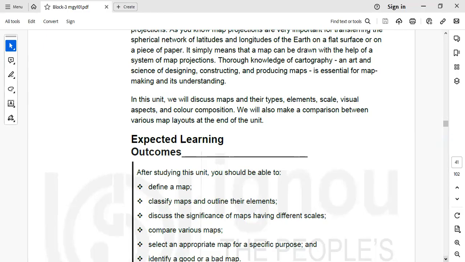So cartography can be defined as an art and science of designing, constructing, and producing maps. So the science which deals with designing, constructing, producing maps is known as cartography.